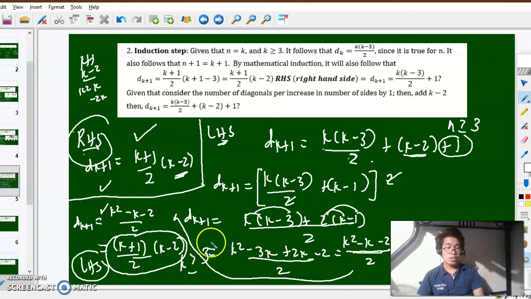And since k is equal to n, it also holds for n greater than or equal to 3. So that's how we prove by mathematical induction. The right hand side of the formula has to be equal to the left hand side. With a bit of imagination, we can try to solve this problem.